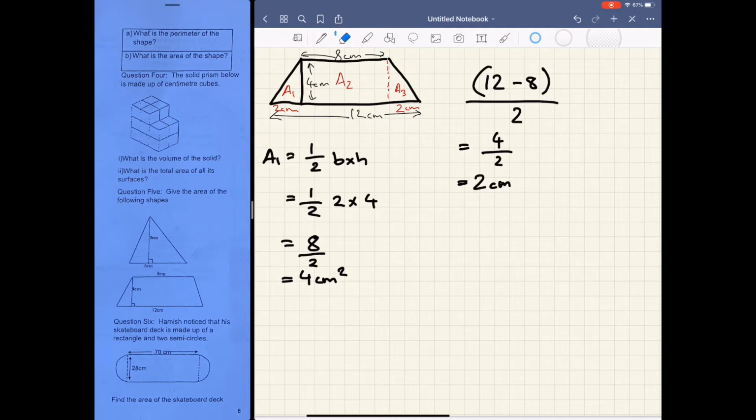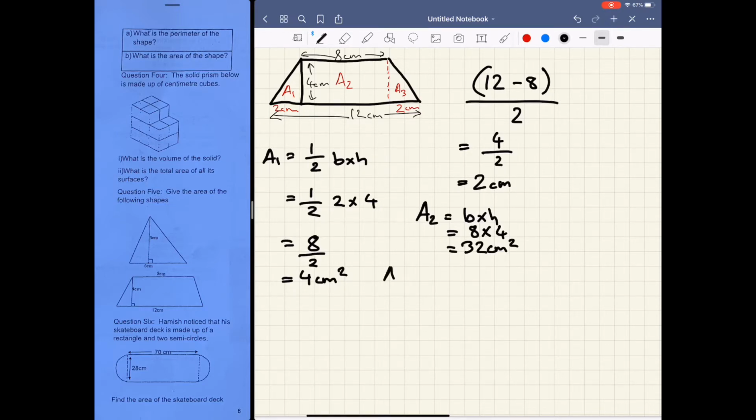Area 2 is this rectangle, so base times height, which equals base 8 times height 4, which equals 32 centimeters squared.